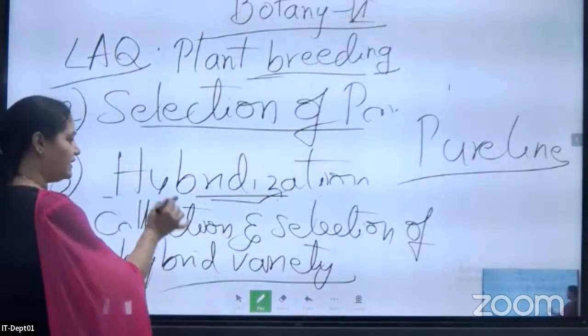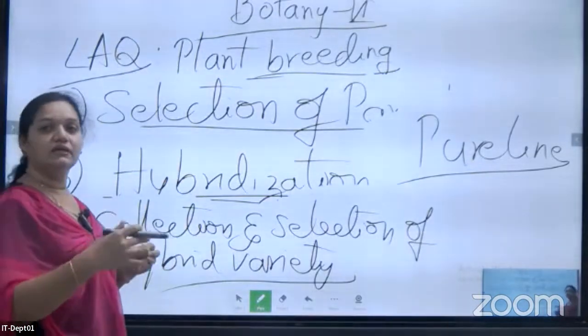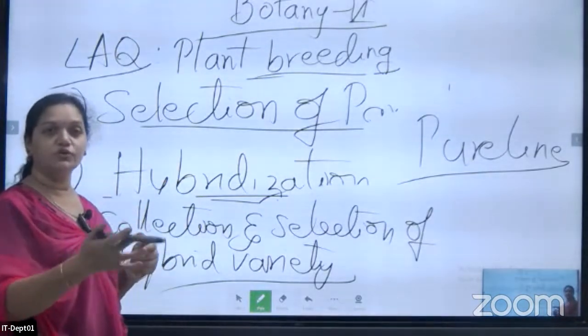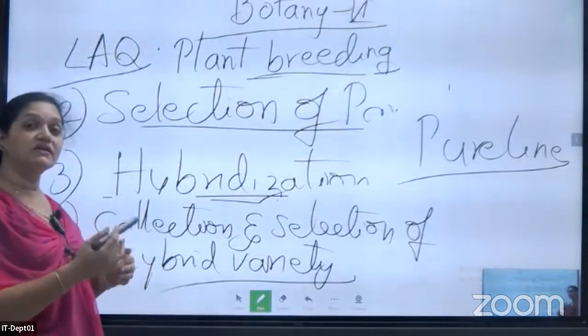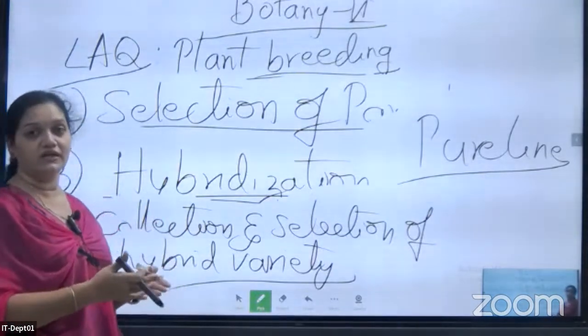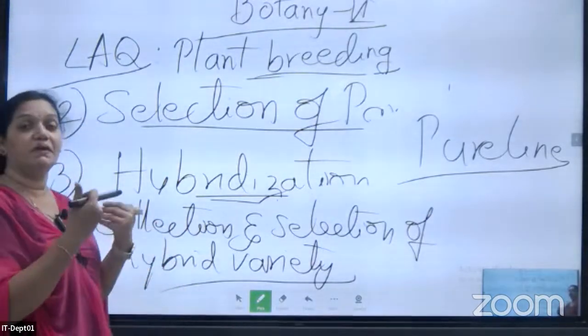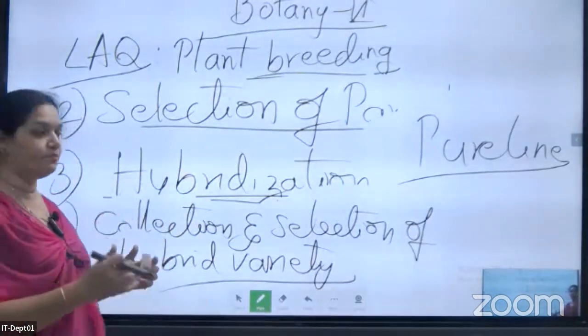Again, we have to grow the plants for 6 to 7 generations, so that all the desired qualities we are expecting through this hybridization process are present in the plant body itself.